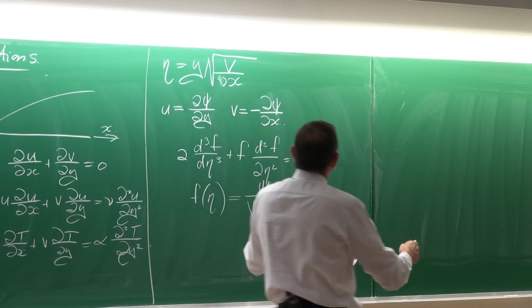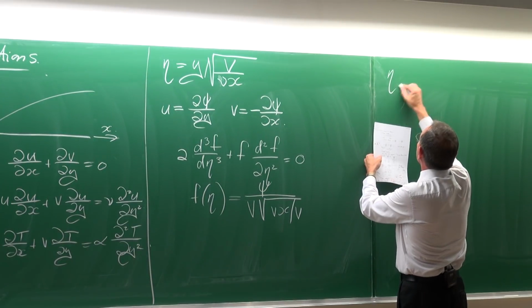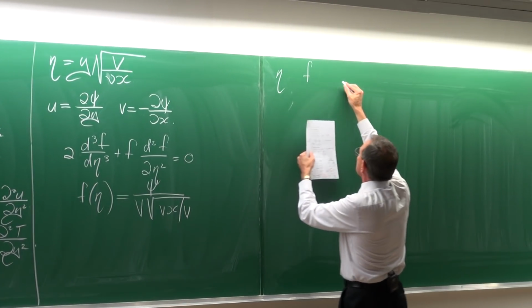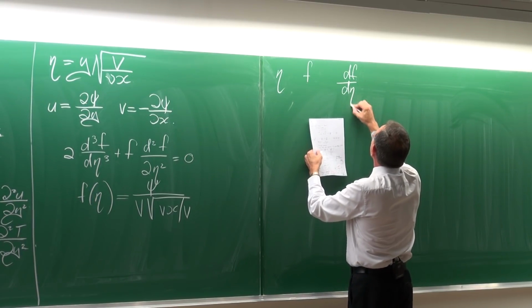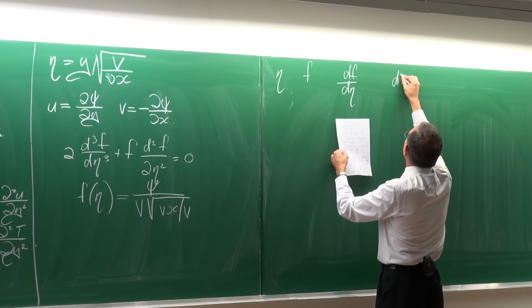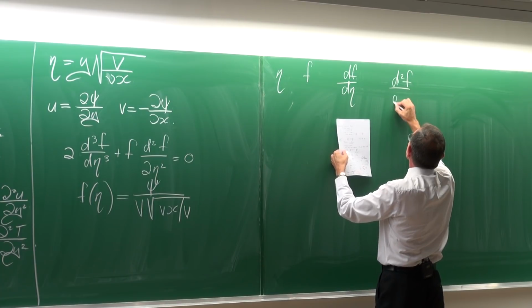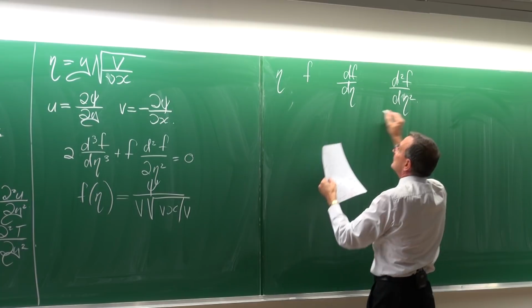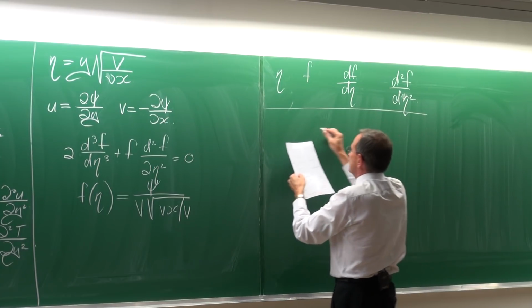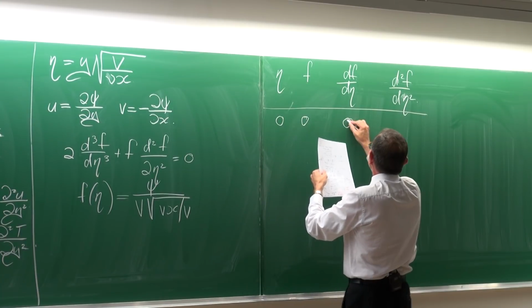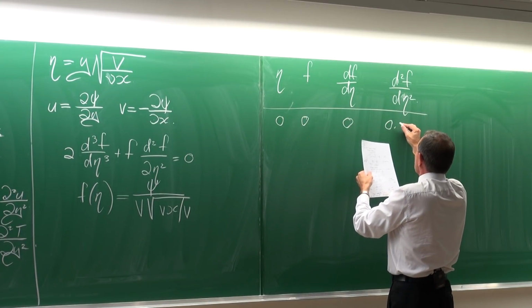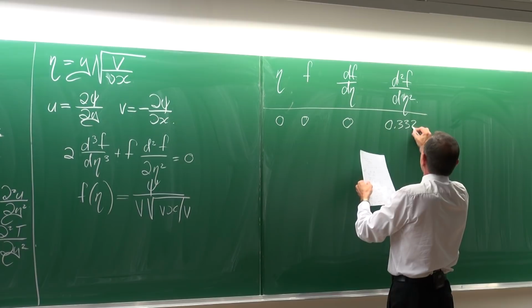And then he came up with a solution of eta, f, df/dη and d2f/dη2. And typically for 0, this value was also 0, and that one was 0, and that one was 0.332.